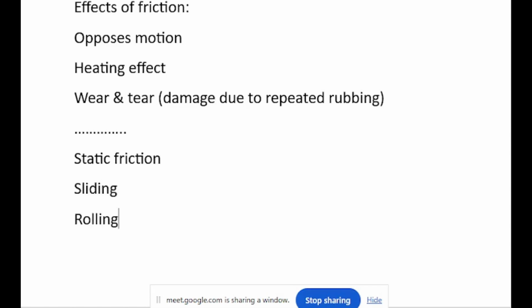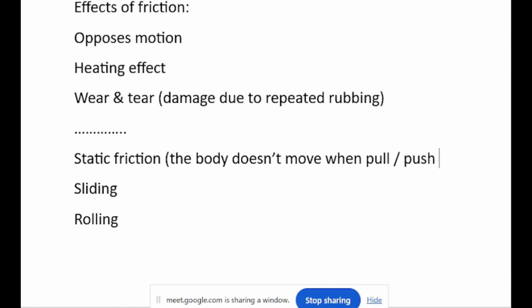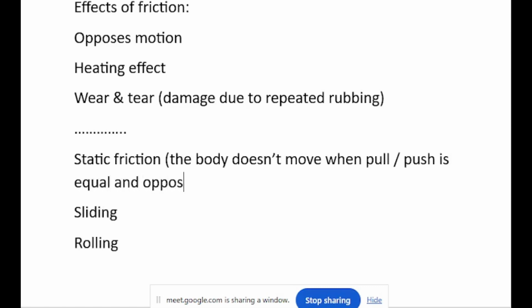Static is when the body does not move because the pull or the push is equal and opposite to friction. Friction is always opposite, but equal to the force.